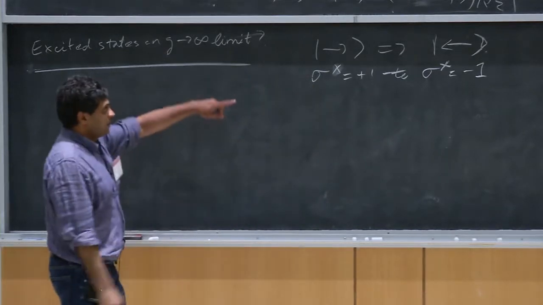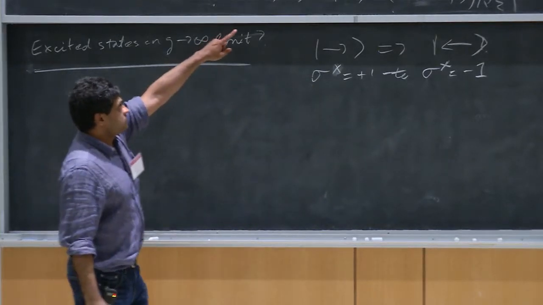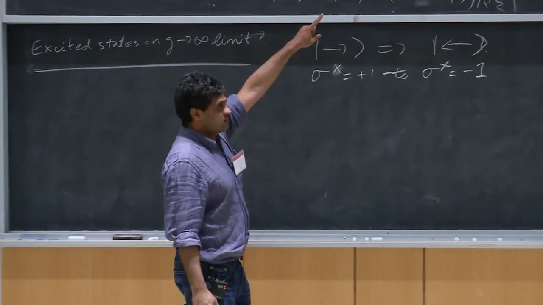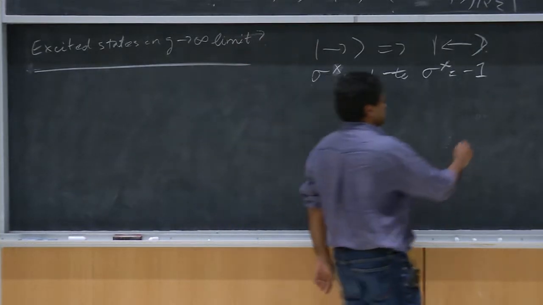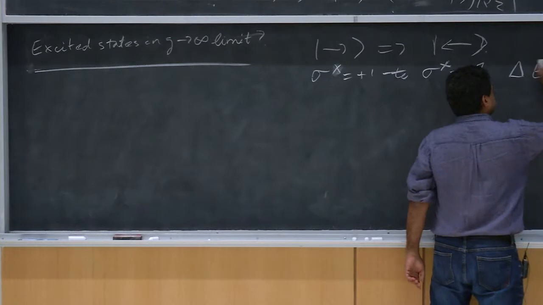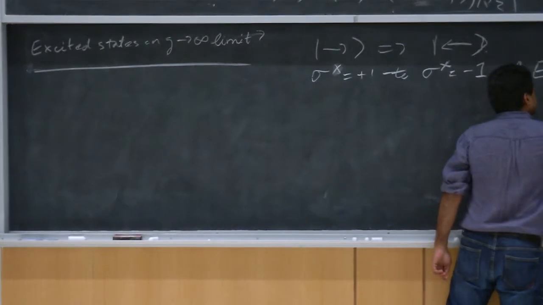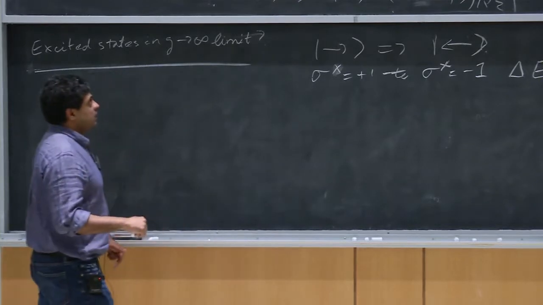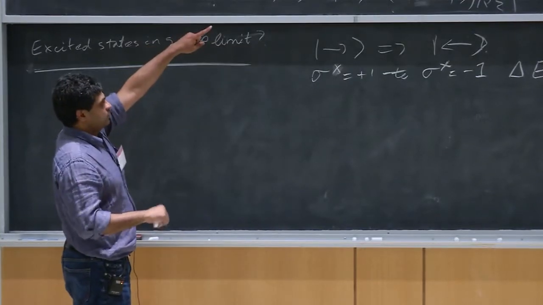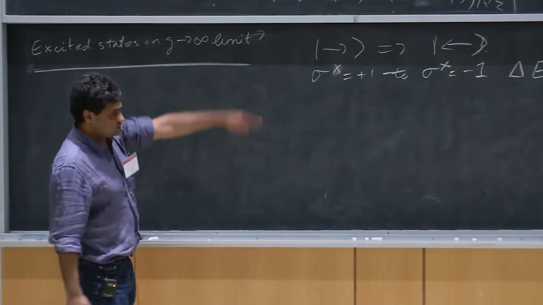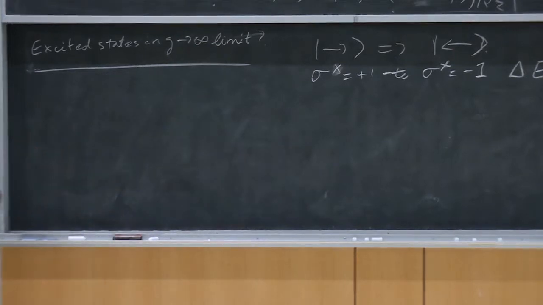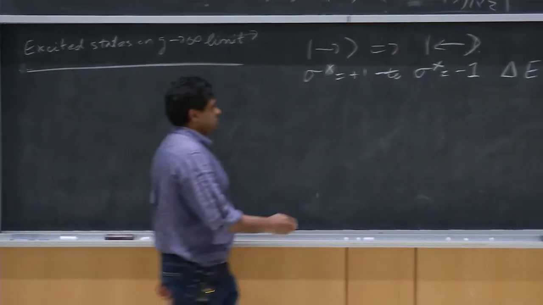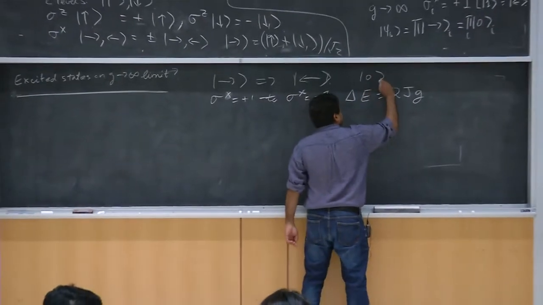You're going to pay an energy cost because G is large, and that's penalizing sigma x equal to -1. So there's an energy cost delta E, which is 2 times J times G. It was minus JG to begin with, and then you made it plus JG, so that's 2 times JG. Okay, so in this other representation, you took a 0 and you created a 1.